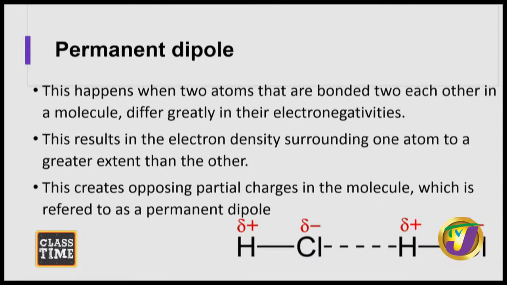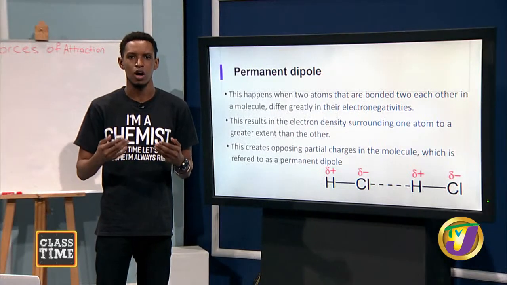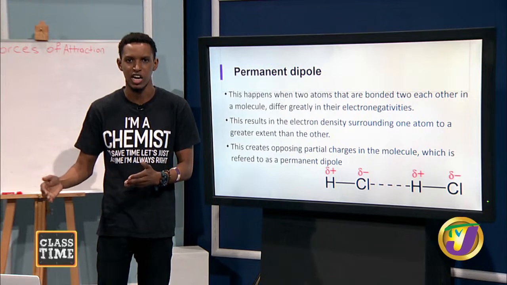In this case, if you have a reagent bottle of HCl, the chlorine will always be interacting with hydrogens of another HCl molecule because it's negative and it's positive. So the point that I'm trying to bring across is that all of these intermolecular forces have the same concept. They have a negative charge interacting with a positive charge.